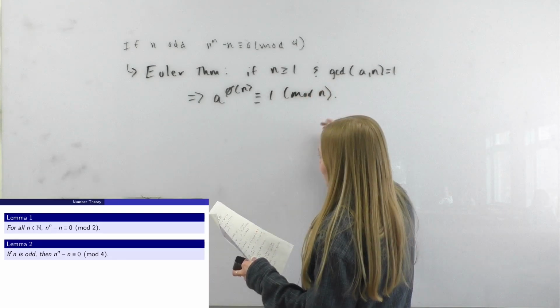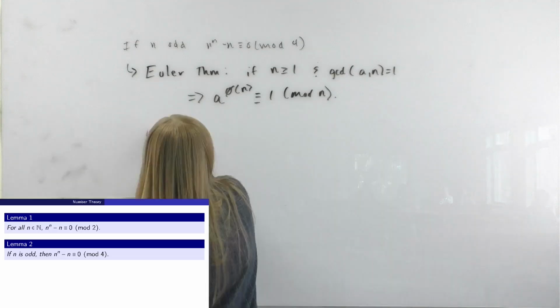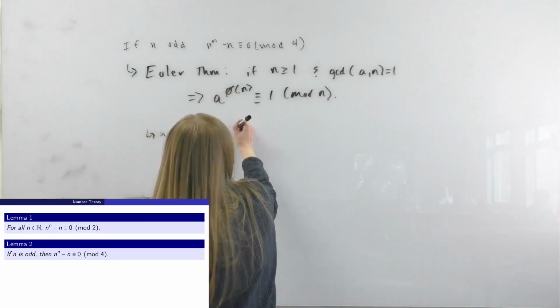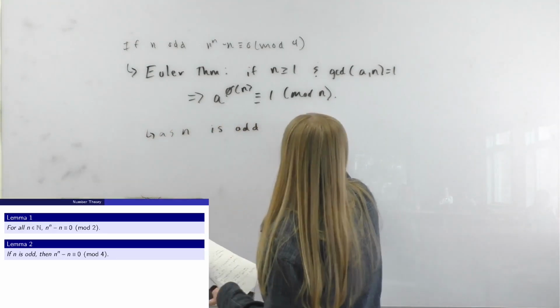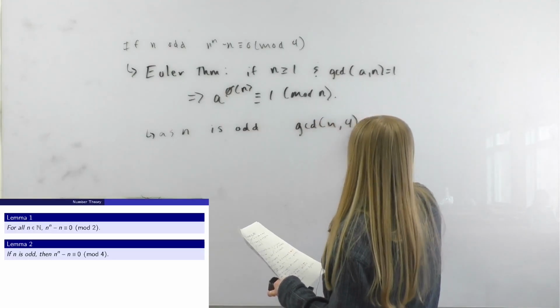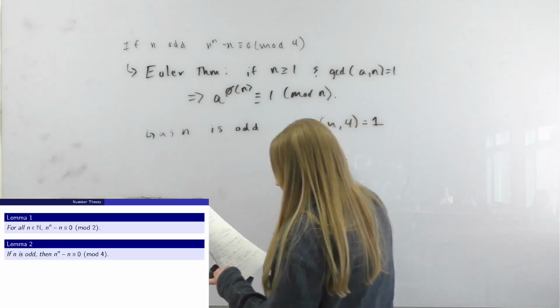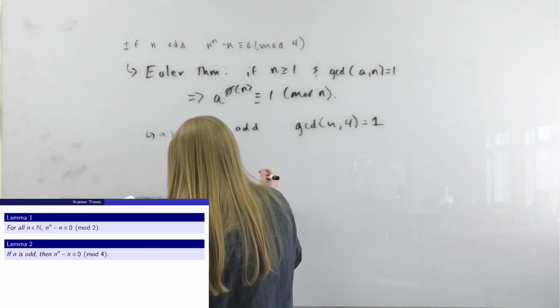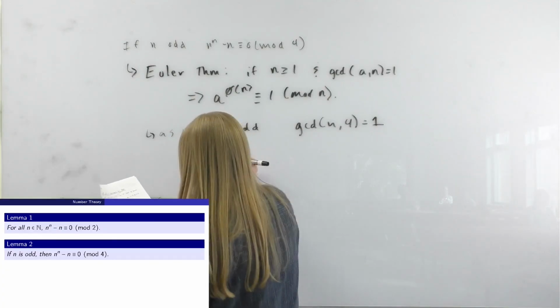I'm going to use this. As n is odd, we know that the GCD of n and 4 is 1, so that's going to be used here.